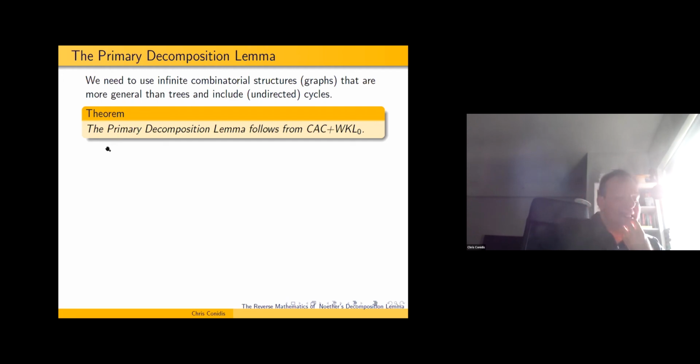But one thing I can say, and this proof is somewhat easier than some of the proofs that I've already talked about, is that it's not too hard to show that the primary decomposition lemma follows from the chain anti-chain property, so every infinite partial order has either an infinite chain or an infinite anti-chain, plus WKL naught. And so using the chain anti-chain property and WKL naught, you can prove the primary decomposition lemma from the join of those two things.